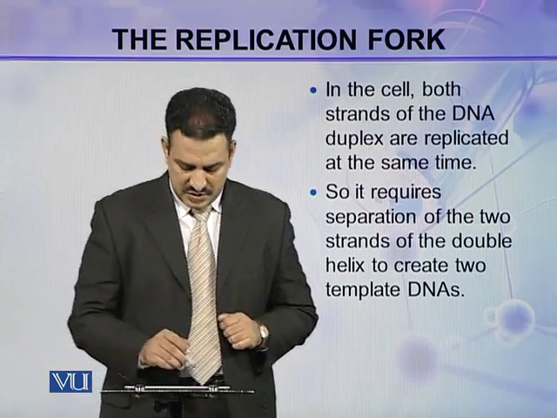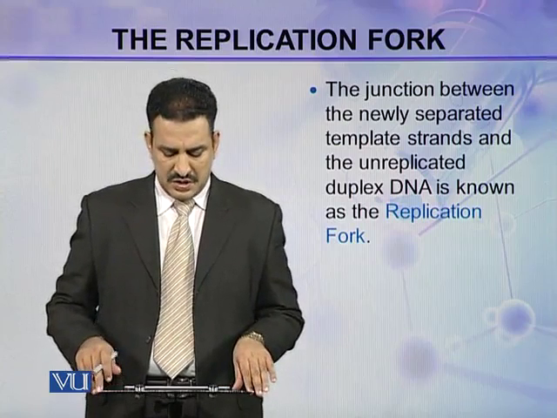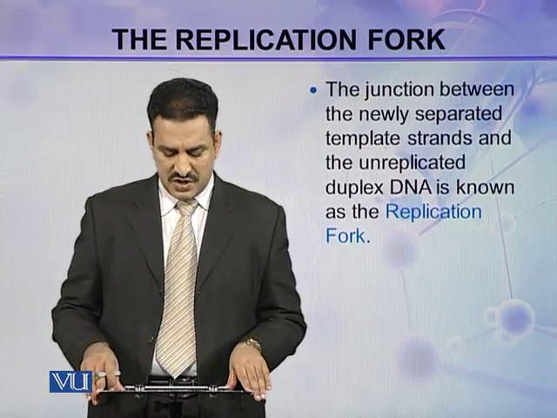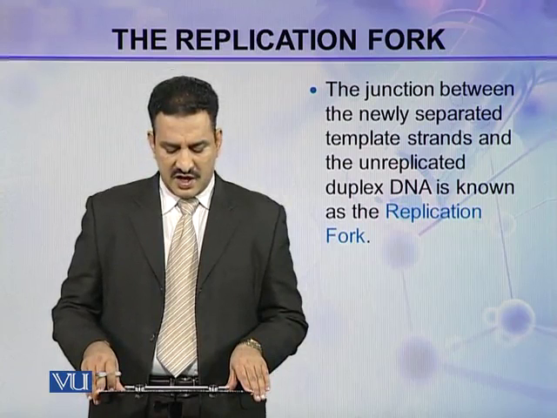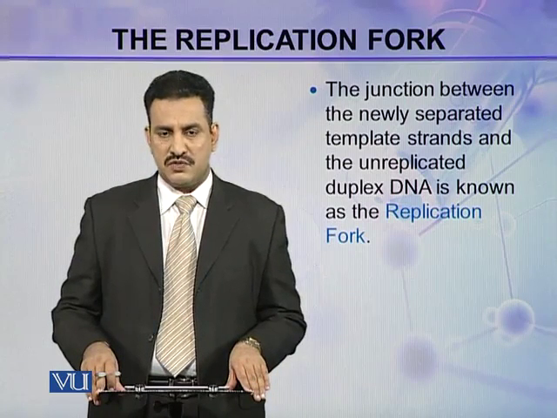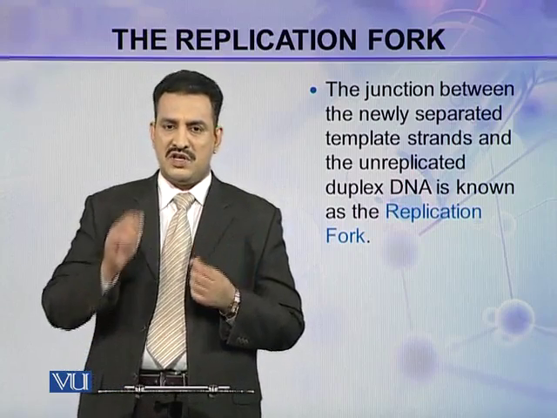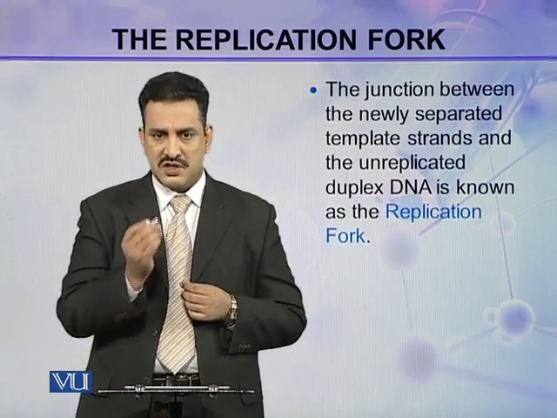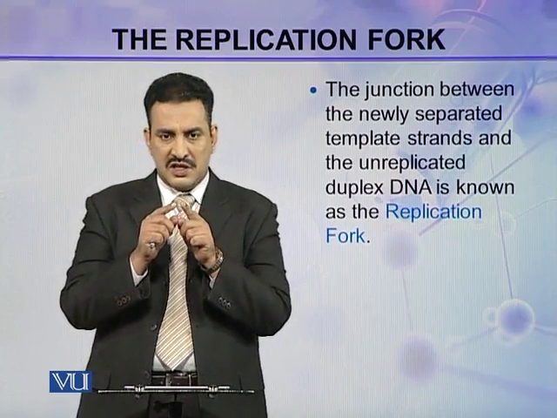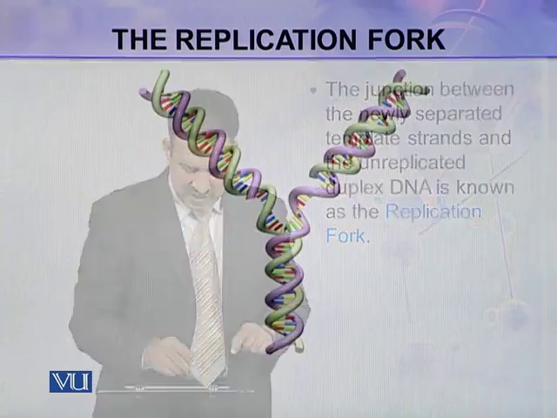The junction between the newly separated template strands and the unreplicated duplex DNA is known as the replication fork. So the replication fork is the junction between a double-stranded DNA and the single-stranded DNA strand.